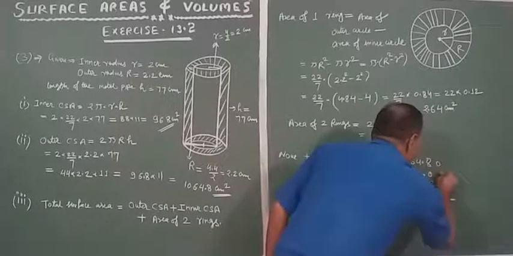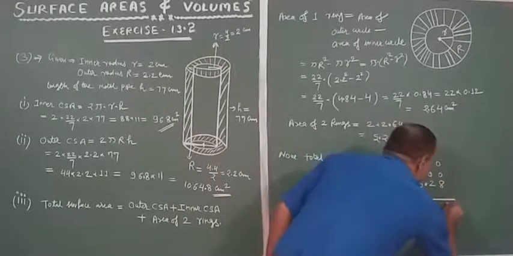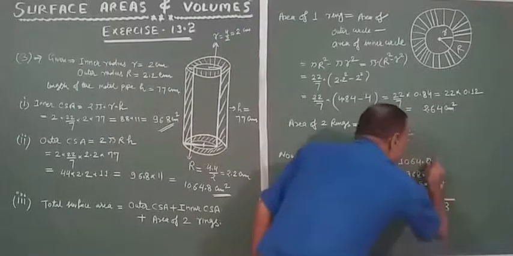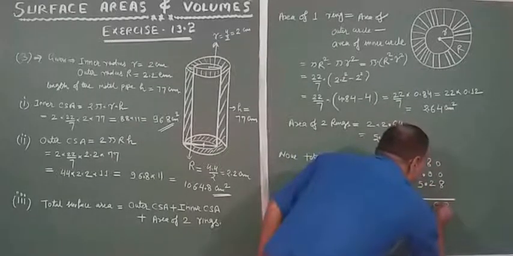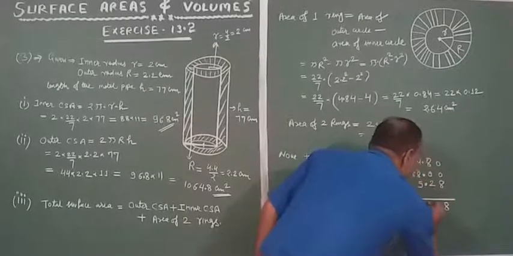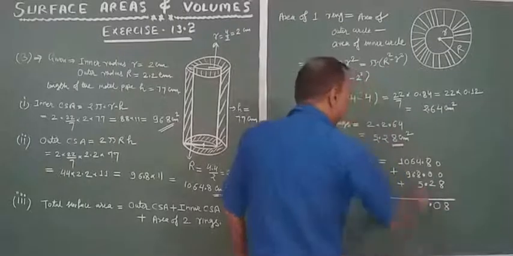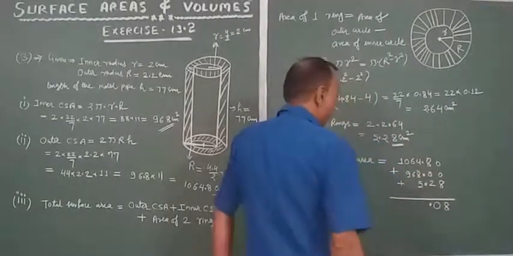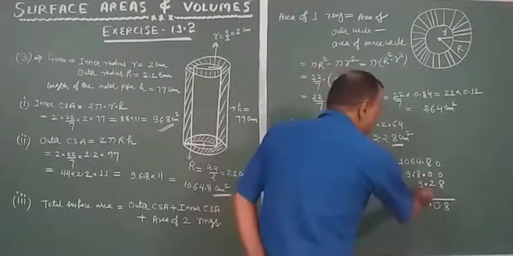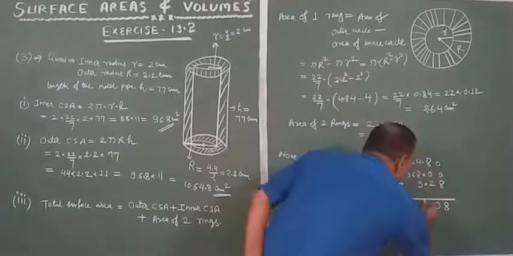Here we will put 0. Here again 0. 8 is here. Now 8 and 2 is 10. Point is here. Carry is 1. 5 and 6, 6 and 8, 14 and 4 is 18.